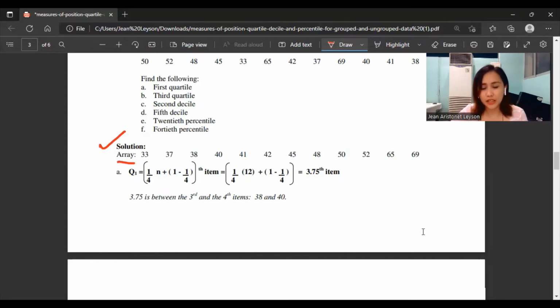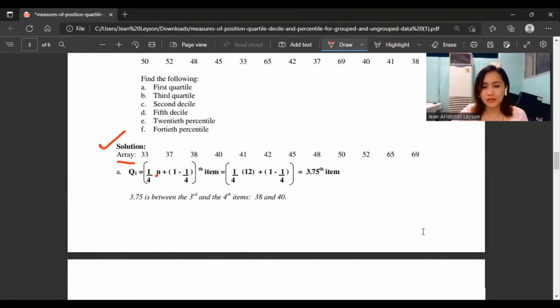So here we are solving for the first quartile or Q sub 1. So our indicator here is that our denominator is 4 because that is quartile. So all you have to do is to substitute the i in the formula with whatever position we are solving for. Now, since this is the first quartile, simply substitute i with 1. So we have 1 over 4 times n.